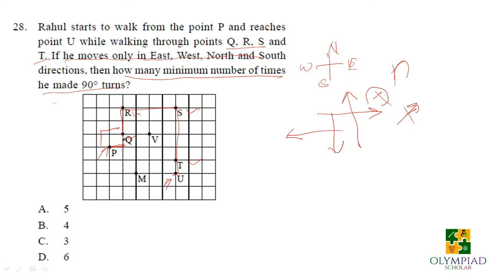Okay, so you need to calculate the 90-degree turns. So here it is 1, here it is 2 and here it is 3. So the minimum number of 90-degree turns should be 3. Okay, so maximum can be so many. Sorry, so the option is C.